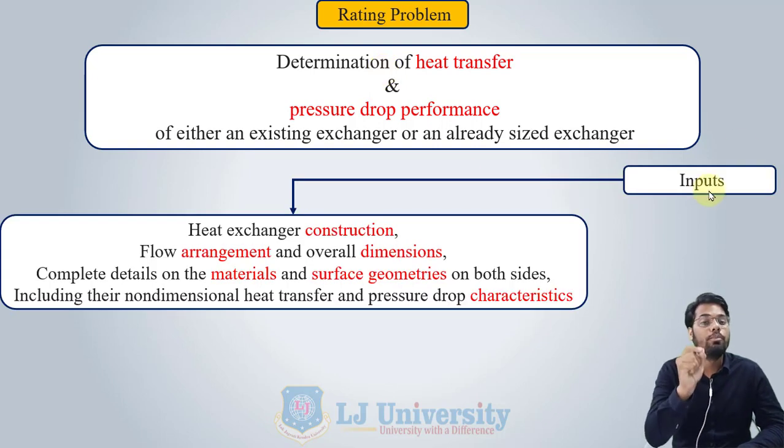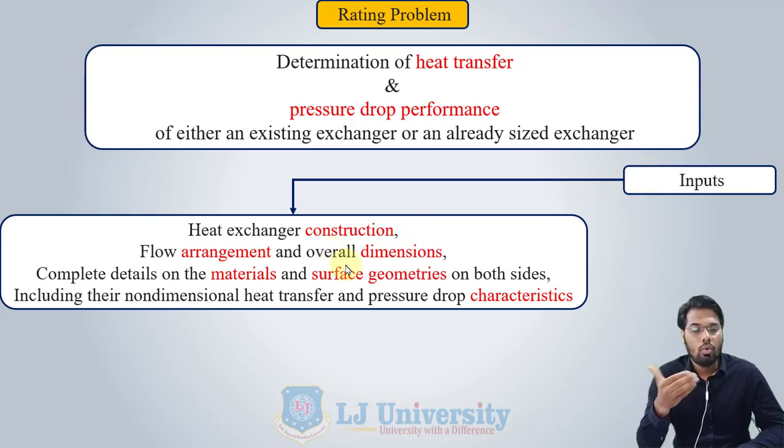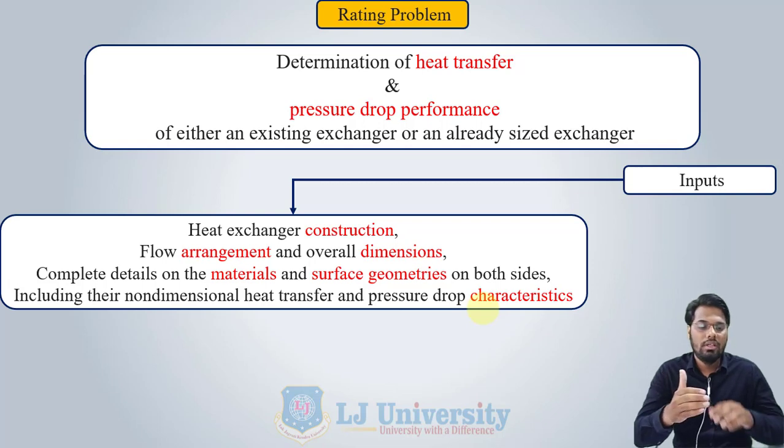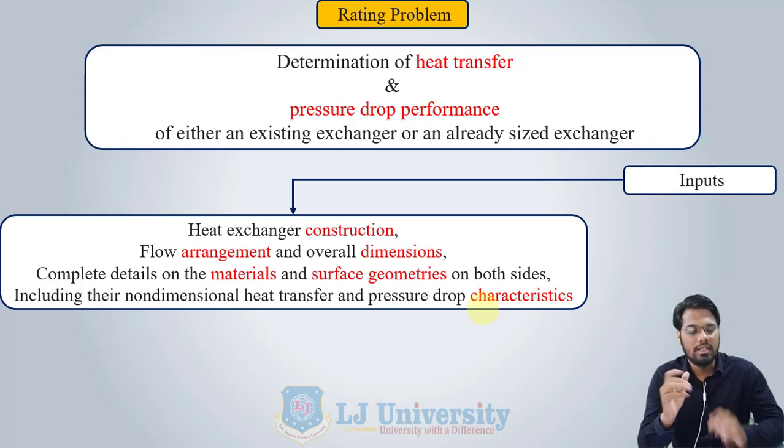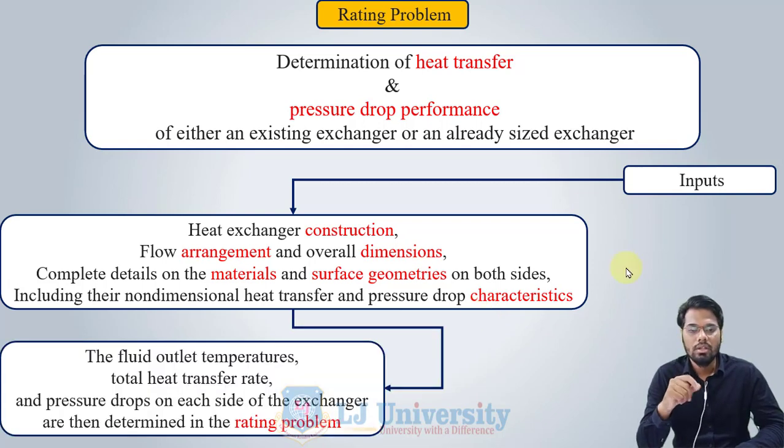So what are the inputs for the rating problem? The inputs are the construction, flow arrangement, overall dimensions, complete details of the materials and the surface geometry on both sides, including non-dimensional heat transfer and pressure drop characteristics. These are the input parameters which are predefined for the new heat exchanger or the existing heat exchanger. The fluid outlet temperatures, total heat transfer rate and the pressure drop on each side of the exchanger are then determined in the rating problem.